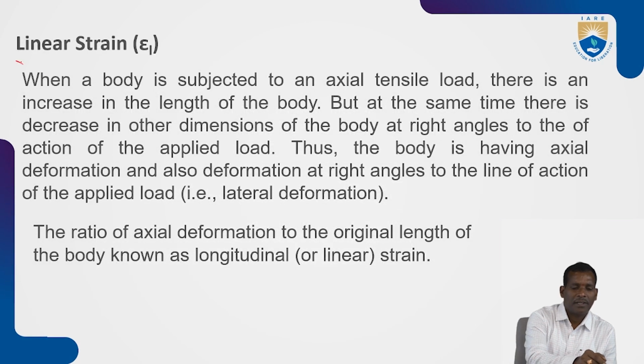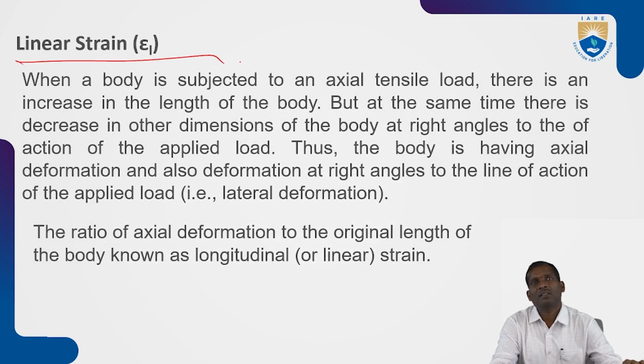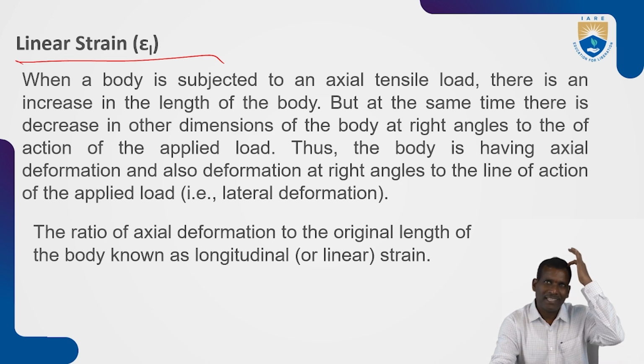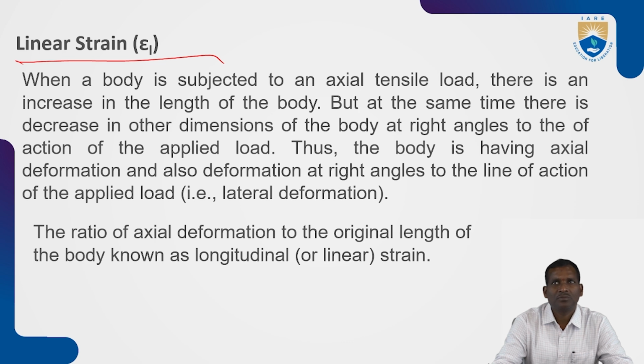Next, linear strain. The linear strain you can represent with epsilon L. When a body is subjected to an axial tensile load, there is an increase in the length of the body. Already we know.